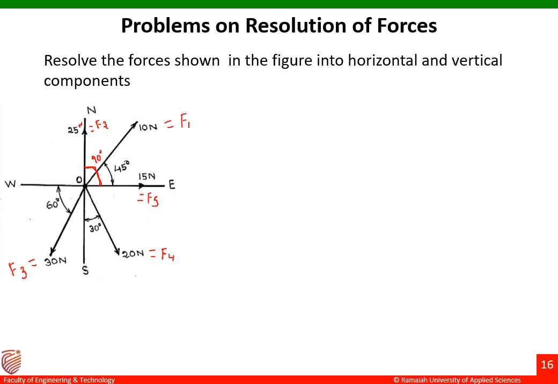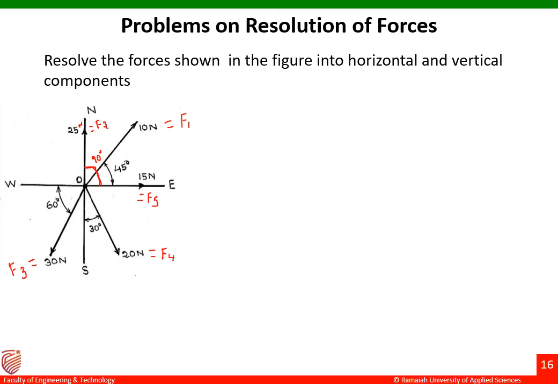Let us go to the next force, that is F5. F5 is 15 Newton. 15 Newton is making an angle of 0 degrees with respect to the horizontal. You can see that 15 Newton is acting exactly along the horizontal axis.